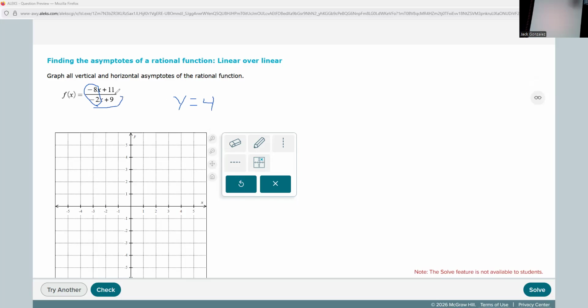And then you set this to 0 to get the vertical. So what is the vertical? Subtract the 9 over, divide by -2, and we get positive 9 over 2.